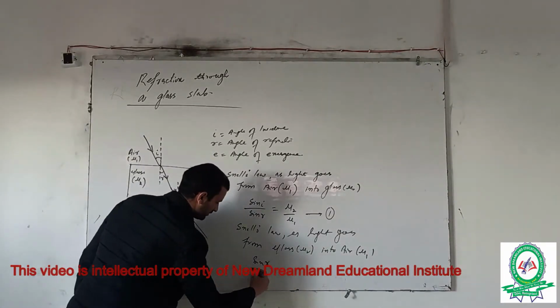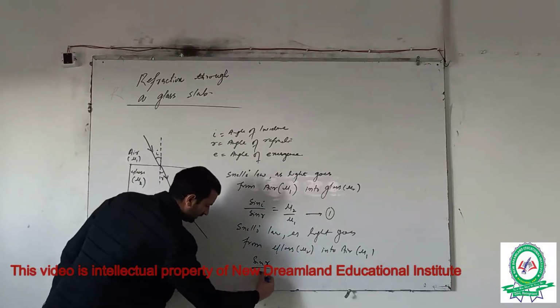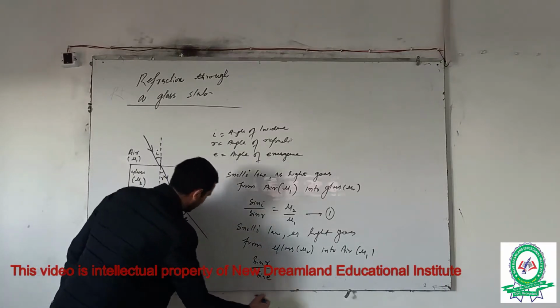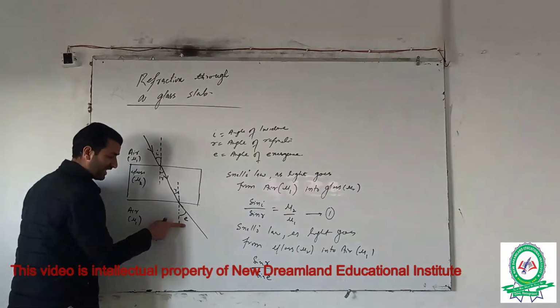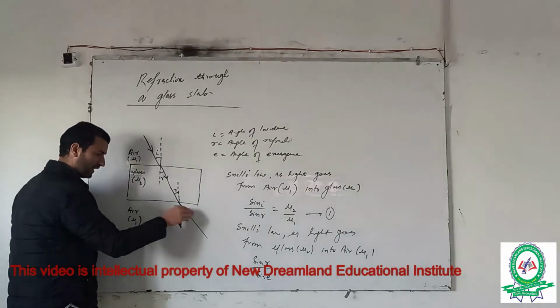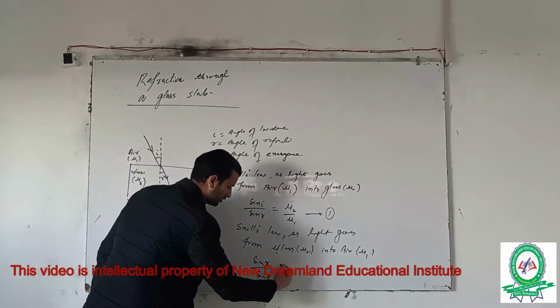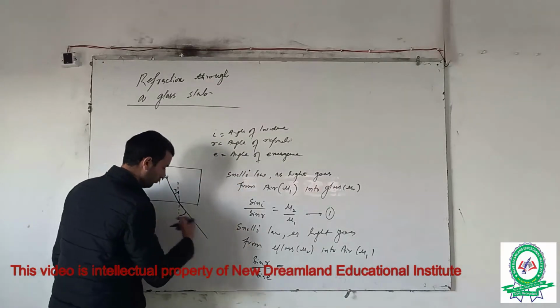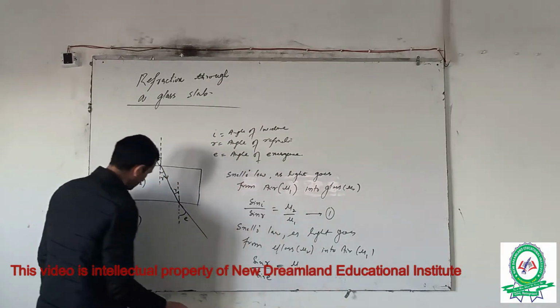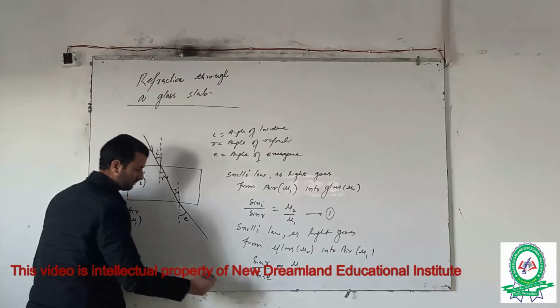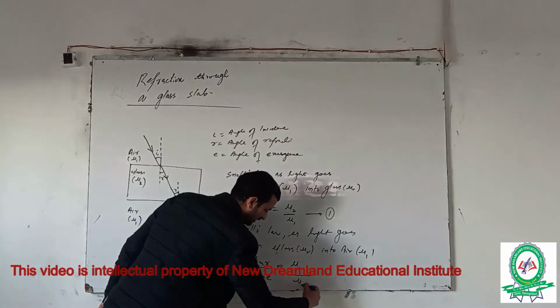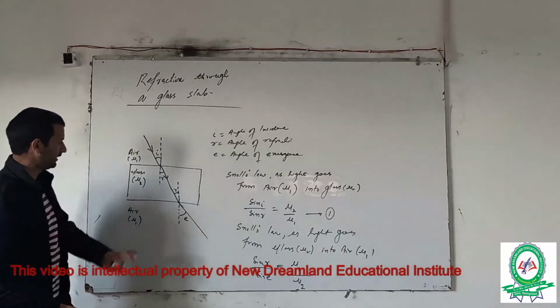So sine R divided by sine of E, sine of angle of emergence is the angle जिस angle पे ये ray of light glass slab से leave कर रही है, emerge हो रही है. It is mu1, refractive index of the medium जिसमें refracted light है divided by the refractive index of the medium जिसमें incident light है.